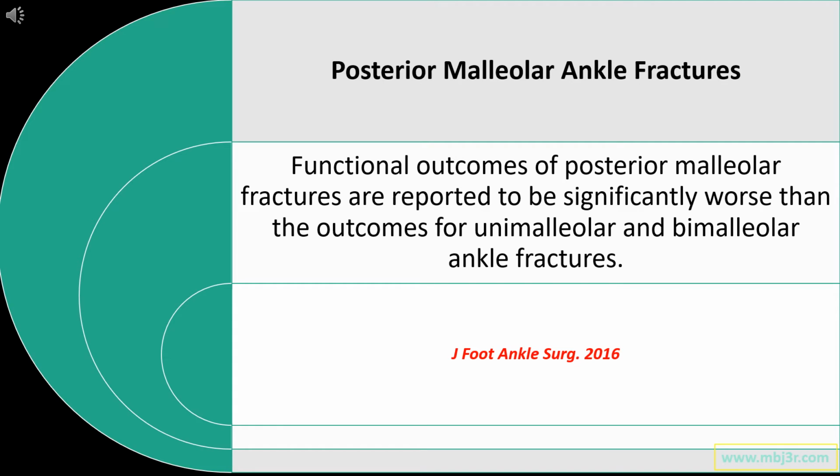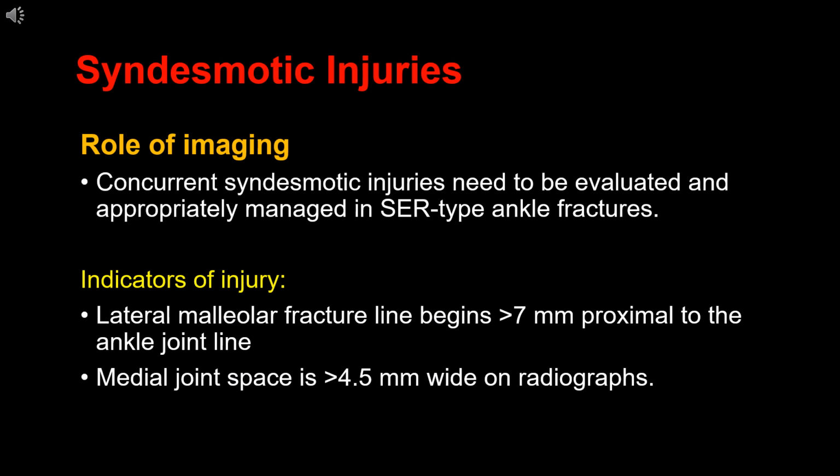Posterior malleolar ankle fractures. The functional outcomes of posterior malleolar fractures are reported to be significantly worse than the outcomes for unimalleolar and bimalleolar ankle fractures. Pre-operative radiographic and CT findings predicting syndesmotic injuries in supination external rotation type ankle fractures.